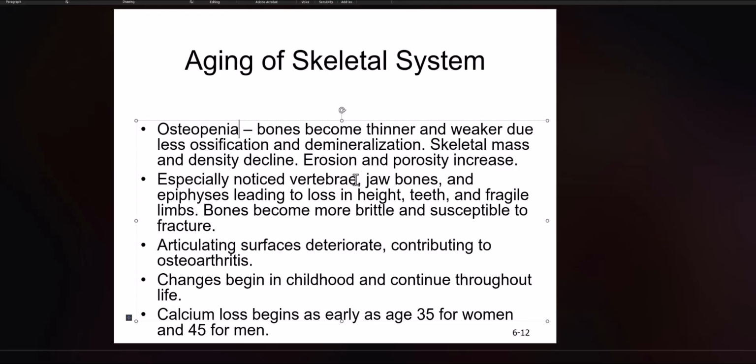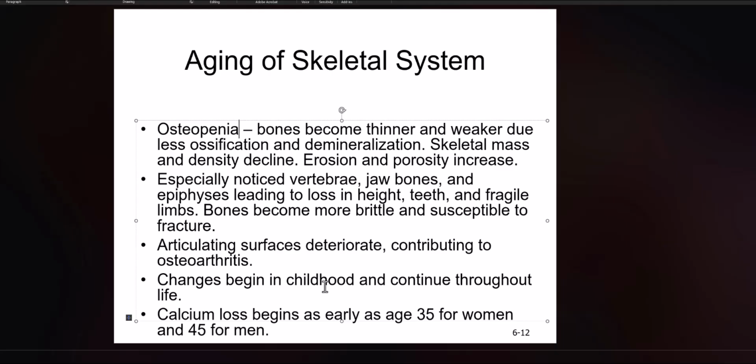Also, the gomphoses, the periodontal ligaments between the teeth and the jaw bones, also become weaker. That's going to lose teeth, and we're also going to become a little more fragile, so we're more susceptible to fracture when we fall. Again, we're going to see the deterioration of our articulating surfaces leading to arthritis, and these changes are going to begin in childhood and continue throughout our life.